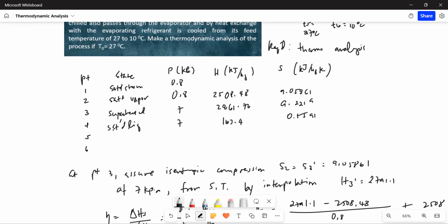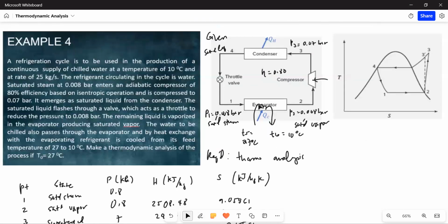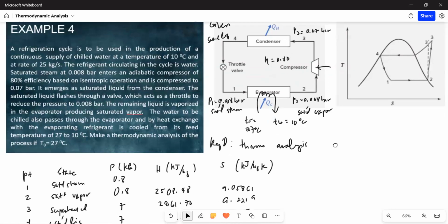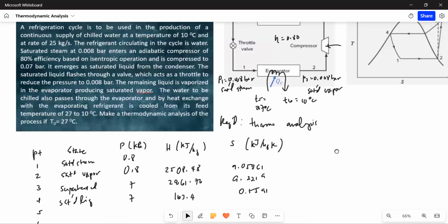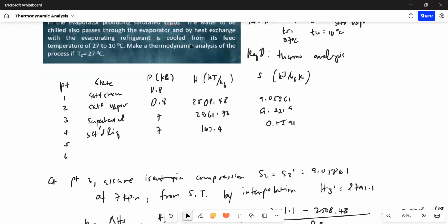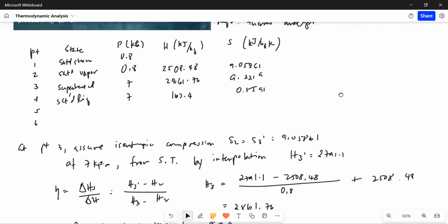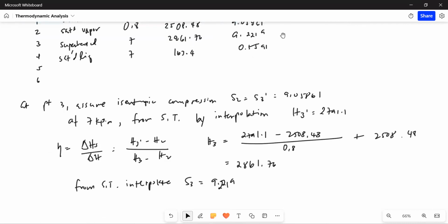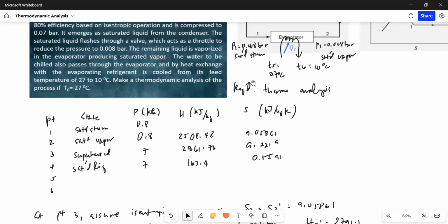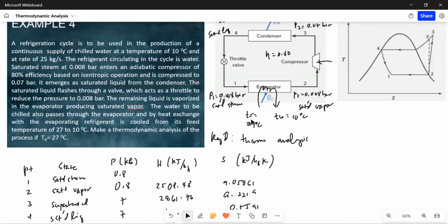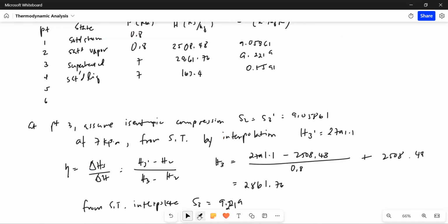And then streams 5 and 6 is the warming water. I did not write the column for the temperature, so just please write the column for the temperature. So we assume that this water that passes here, 5 and 6, are saturated liquid, to simplify our solution, because we don't have the properties for subcooled liquid.